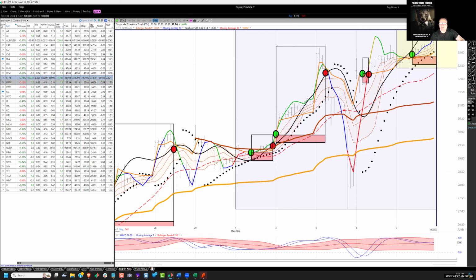ETHE. I'm scratching my head on why I didn't exit this, but there it is. So we get a continuation move and then a breakout to the upside. So I speculate in. It closes pretty well. So on 1 unit of risk, I've got about a 3R buffer.